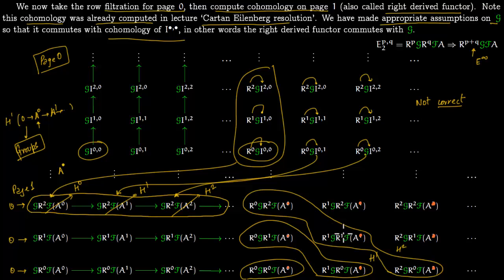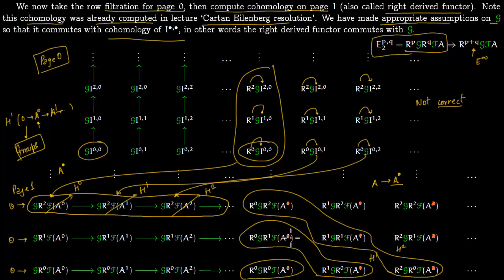So you have 2 plus 0, 1 plus 1, 0 plus 2, and so on. So this is our page 2. So you have exactly what we wanted. So write the derived functor of G, then write the derived functor of F. So instead of the complex A we are writing A, whose resolution we took to get this complex. And this gives you this thing right here.